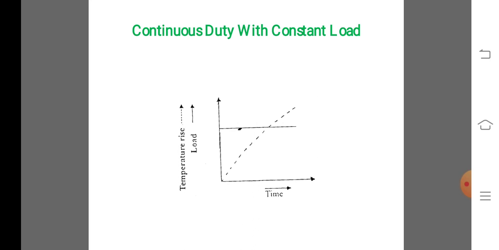Here I show one graphical representation for continuous duty with constant load. The X-axis takes time, the Y-axis takes load with temperature rise. Initially, from zero time, the load is constant and the temperature gradually rises.